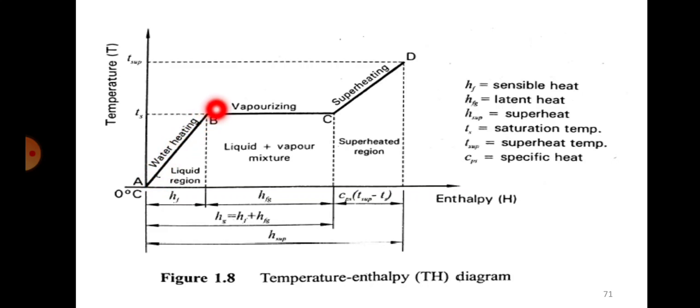This point is called the saturation temperature. That is denoted by TS. Okay, TS is saturation temperature, and at this particular point B, the enthalpy that is there is called HF, or it is called sensible heat. Okay, HF is called sensible heat, and TS is called saturation temperature.